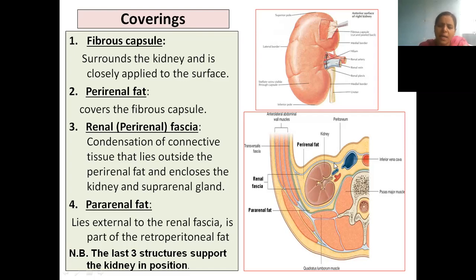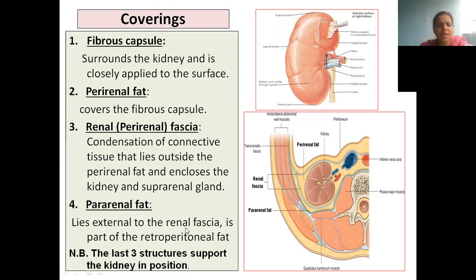The anterior and posterior layers fuse laterally and become continuous, forming a single layer. The condensation of connective tissue seen outside the perirenal fat is nothing but the renal fascia. Now, surrounding this renal fascia, outside, again we have fat. You call this pararenal fat.